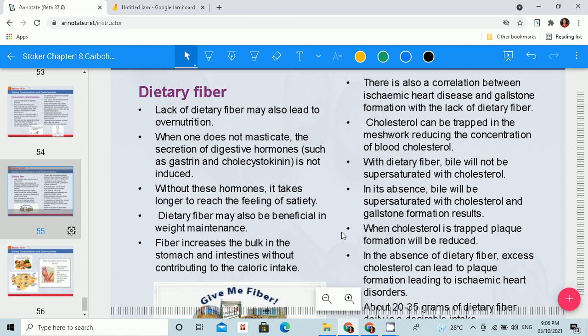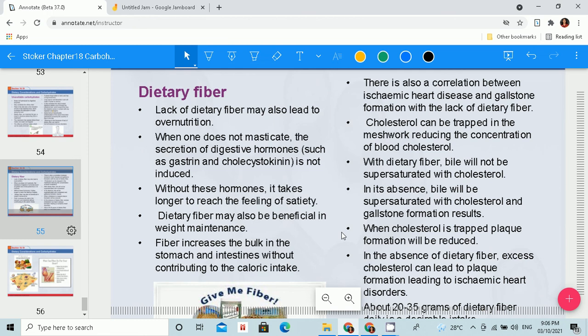And then with dietary fiber, the bile will not be supersaturated with cholesterol, and in its absence, the bile will be supersaturated with cholesterol, and gallstone formation will result. So mas madaghan nun kay ang cholesterol.